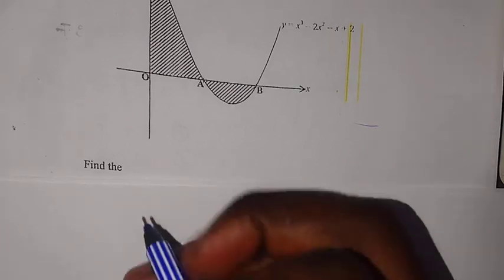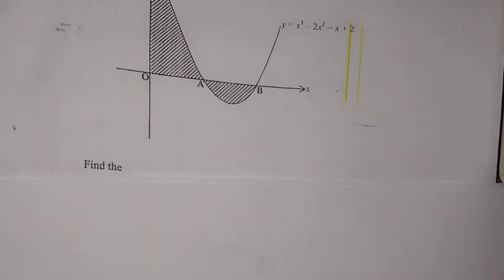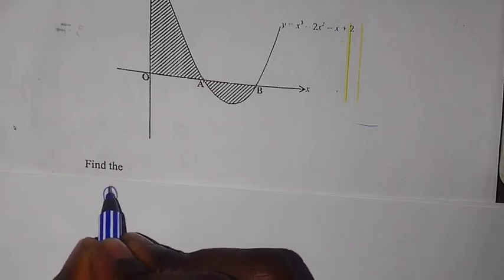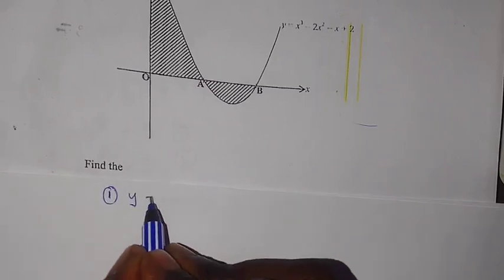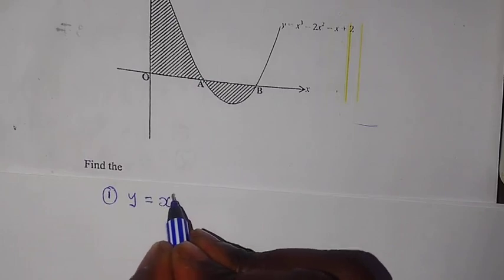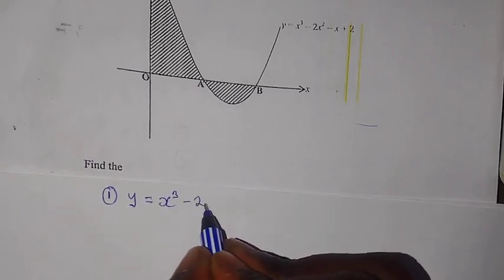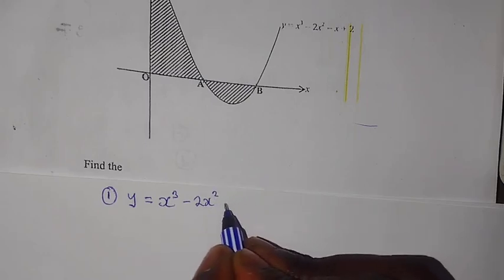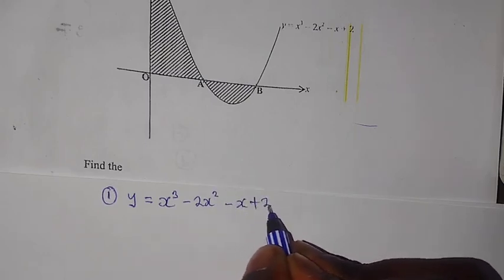We are going to start with our question A, which says we need to find the x-coordinates of A and B. We take note of the function y is equal to x power 3 minus 2x squared minus x plus 2.